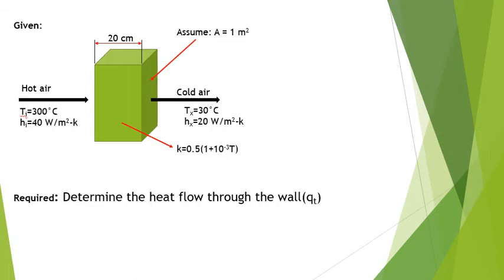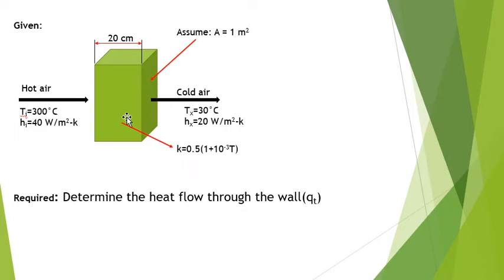So the given is the thickness of the wall, which is 20 centimeters, and the side of the slab which is exposed to convection, represented by the hot air, is 300 degrees Celsius, to the cold air, which is 30 degrees Celsius.